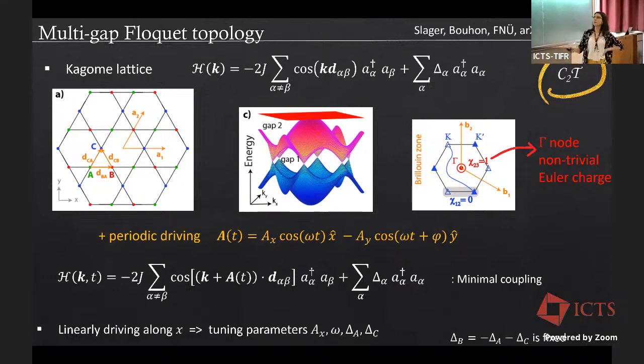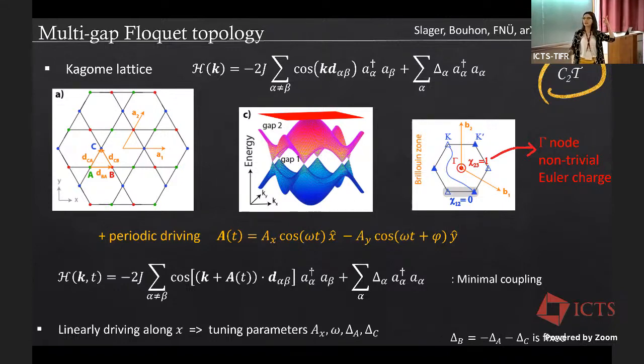If I apply this linear shaking, linearly polarized light, the vector potential couples to the momentum under minimal coupling. Now I have some tuning parameters in my Hamiltonian to induce this braiding. I have the frequency of the drive and the amplitude of the drive, and without loss of generality, I will consider shaking along the x direction only.